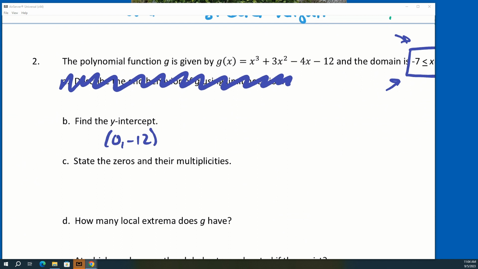All right, we are going to find the zeros and their multiplicity again. Because this one has 4 terms, we are going to factor it by grouping.